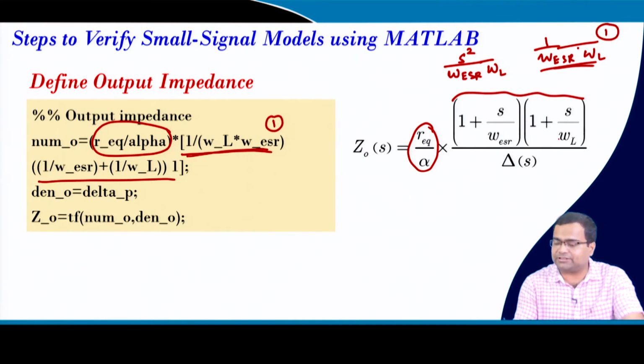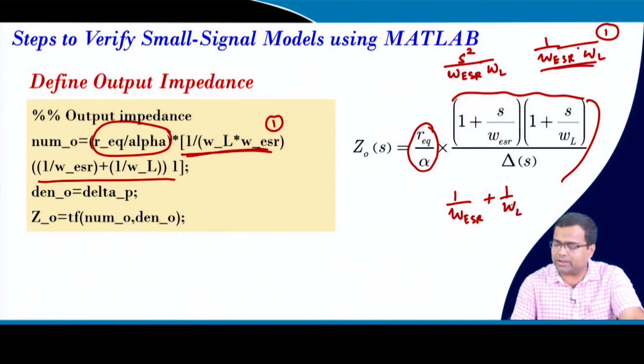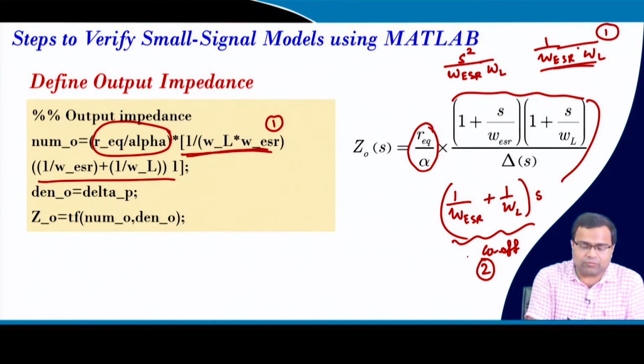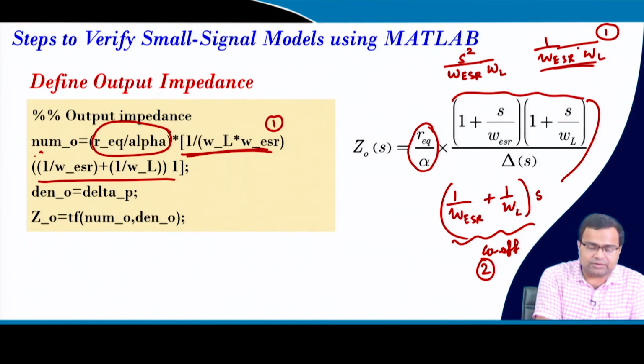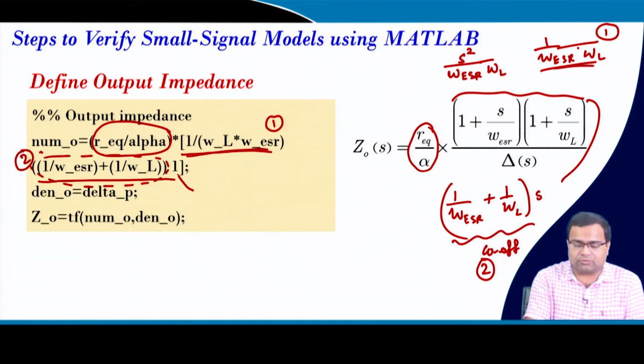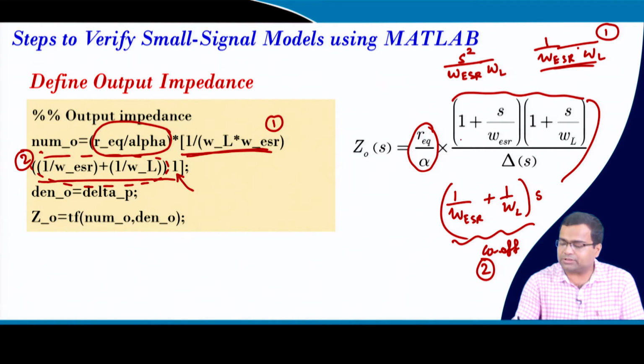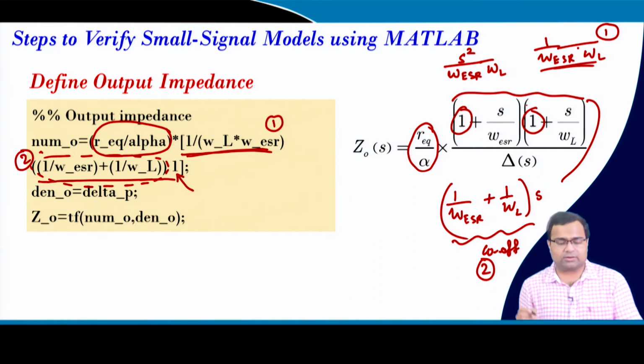Then what is the second coefficient? If you take the second coefficient, 1 by omega ESR plus 1 by omega L, the polynomial will be S, and this is our second coefficient. The third coefficient is 1, because if you multiply these two terms, it will be 1.